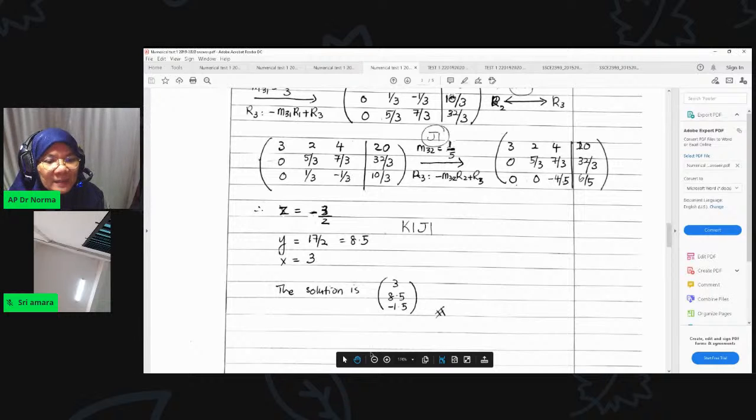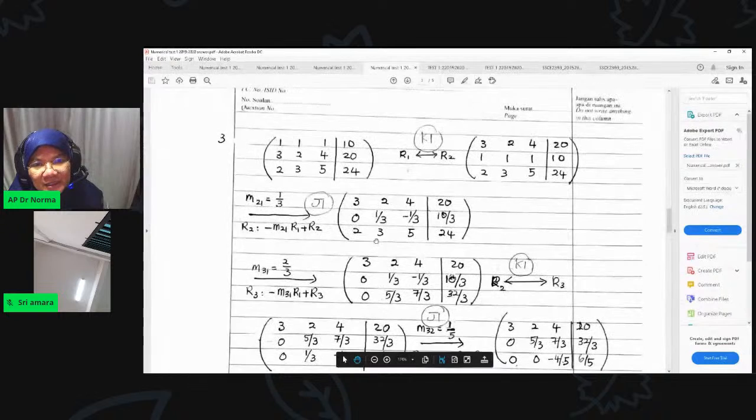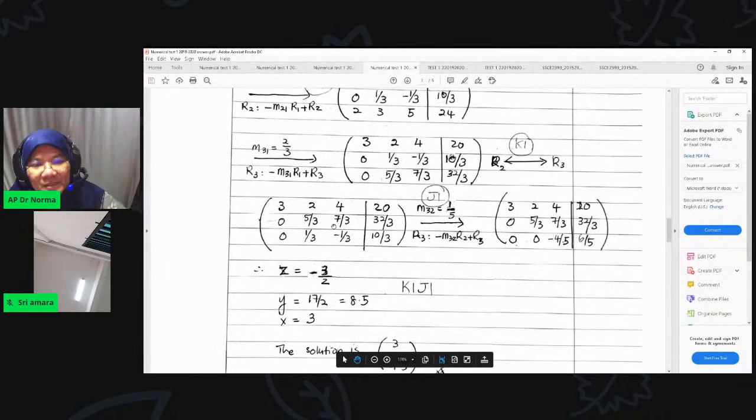How many times do you do the calculation? Because you need to change row 2, and you need to change 2 times for row 3. So the total number of elements that you need to write is 11. The answer is 11.